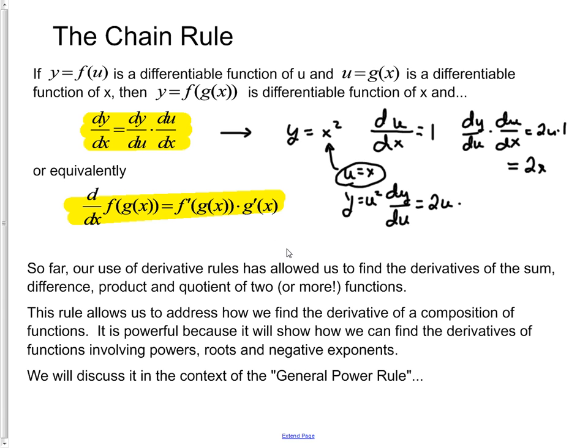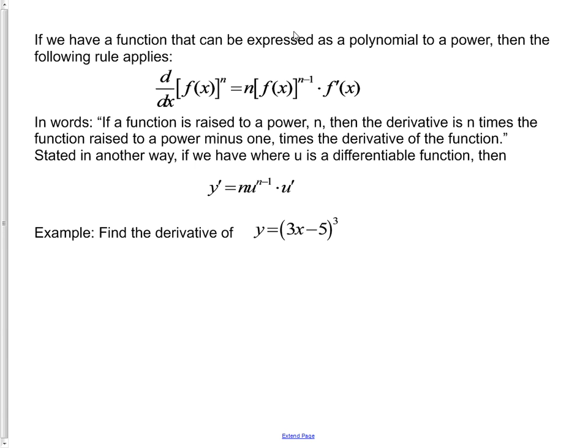Well, it seems like that's crazy. Why would we even do something like that? Well, that's the reason that we're going to use the chain rule here. Because what if we have a function that's not exactly the same way? We can express it as what we call a general power rule. This general power rule says you're taking the derivative of some function f of x raised to a power n.